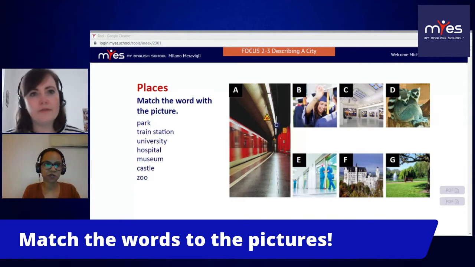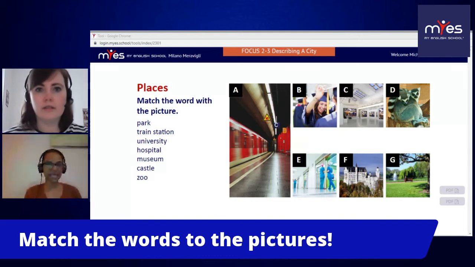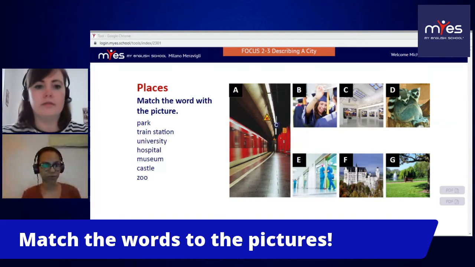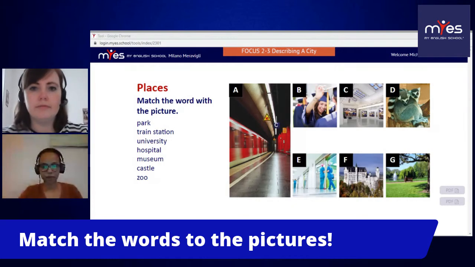We see a train which is moving, and that looks like a platform. A platform is where you stand and wait for the train. So I would guess picture A could be the train station.